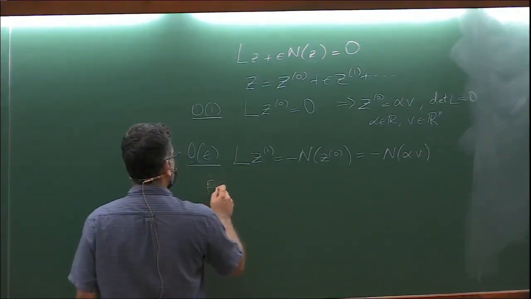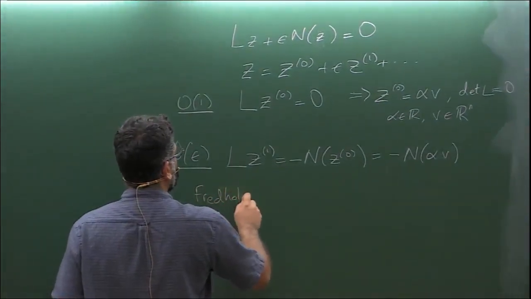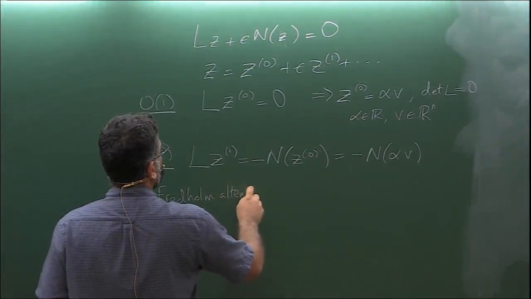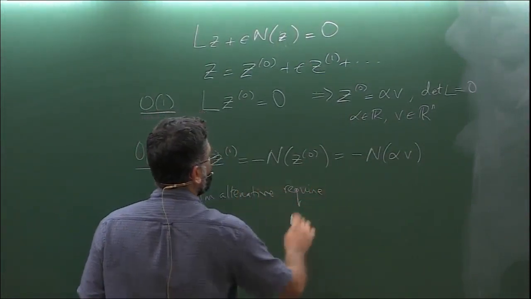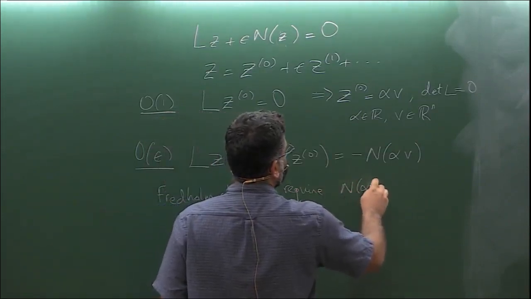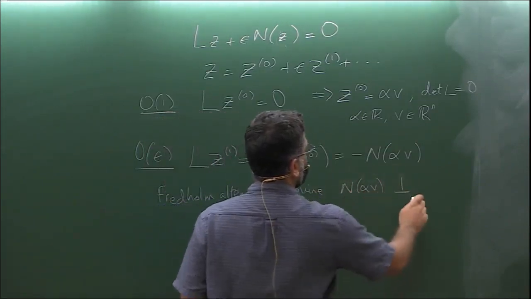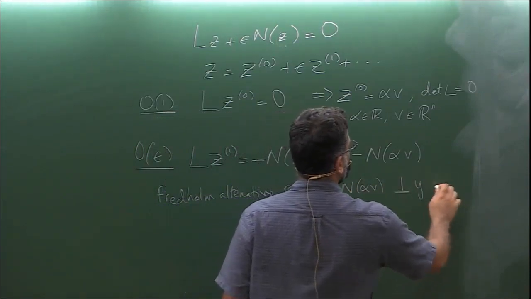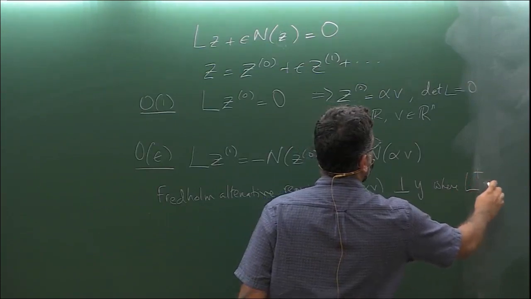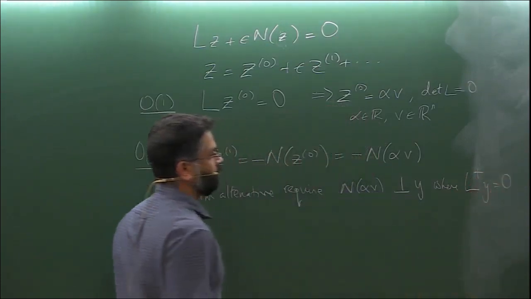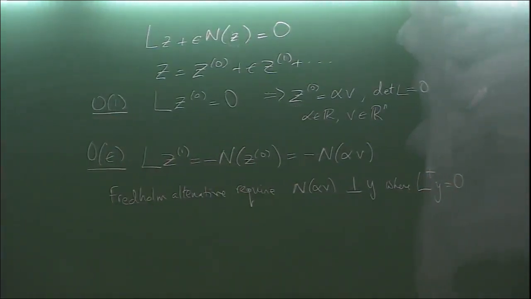So the Fredholm alternative will require that N of alpha V be perpendicular to all, let's say, Y, where L transpose Y is 0. Right? That's the alternative. The right-hand side has to be perpendicular to whatever is in the null space of the adjoint.